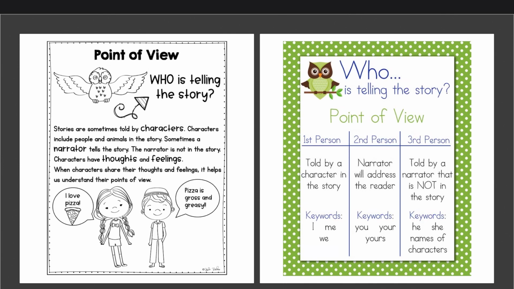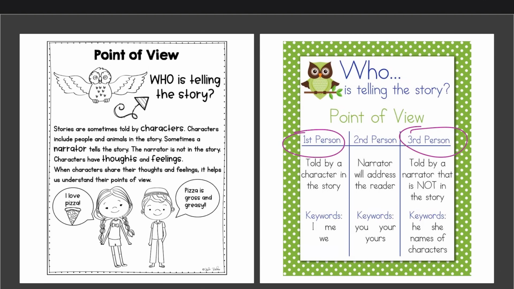And the third person point of view is told by a narrator that is not in the story, and we can tell because they use keywords such as he, she, or names of the characters. Mostly, though, we're going to look at first person and third person.